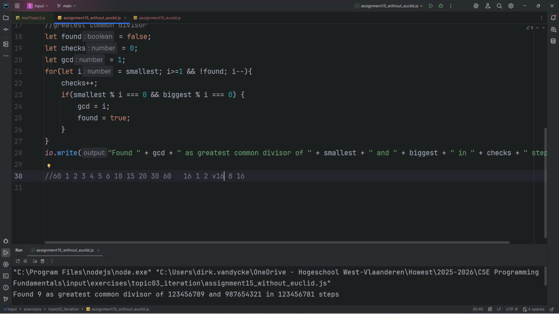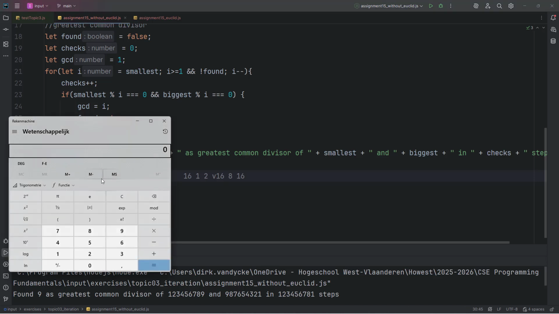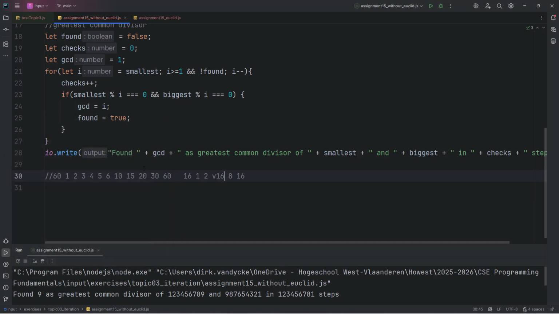And let me just quickly check what the square root of 60 is. There we go. That's 7.745. So I only have to go up until 7 point something to find all divisors.